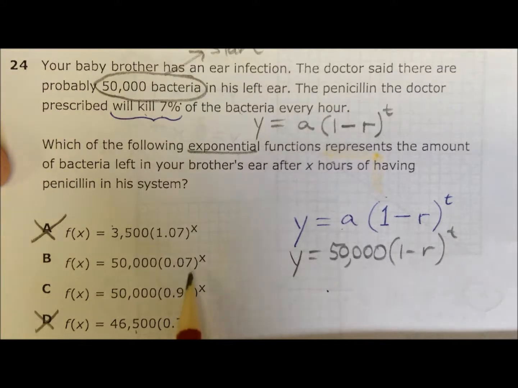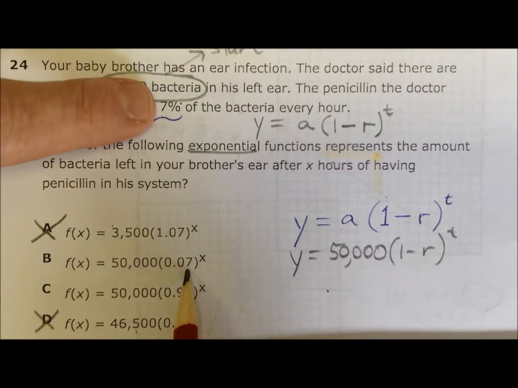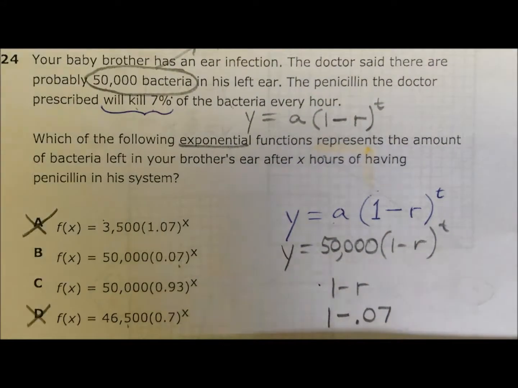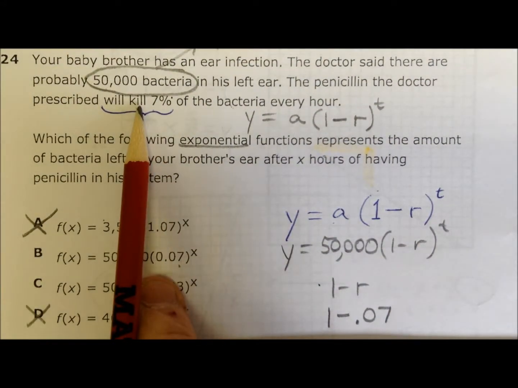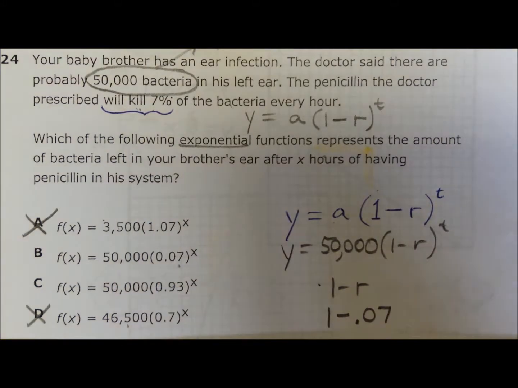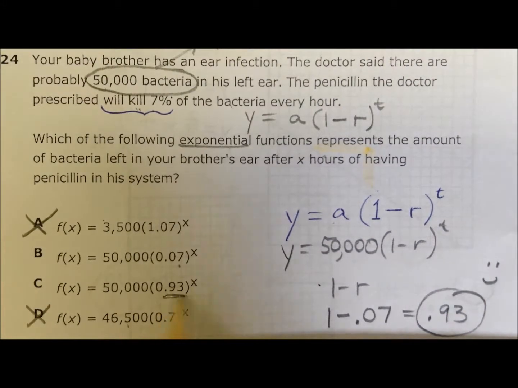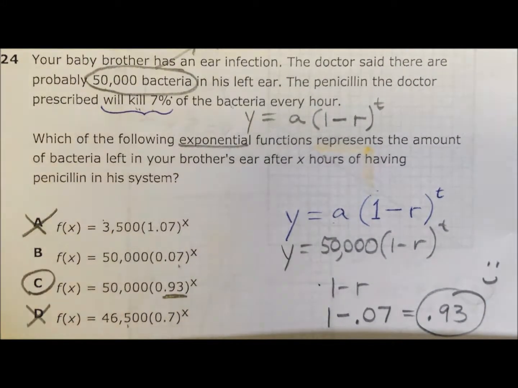Or are we going to use, because we have that as an answer, right? But look, if I take my 1 minus R, all right, and I actually put in a 0.07 there, because they tell me the rate is right here every hour, look what I get. I get a base of 0.93. And that's what I want, this one right here. So the correct answer is C.